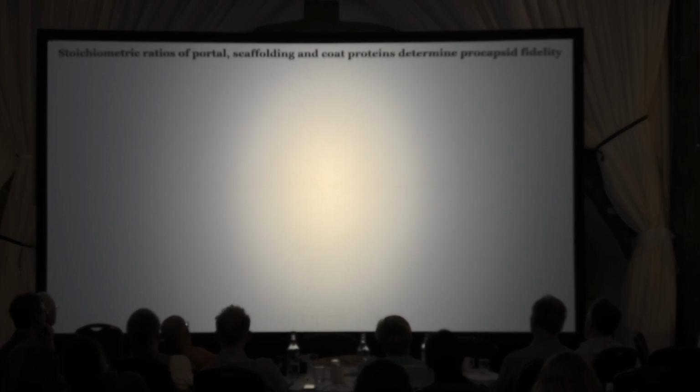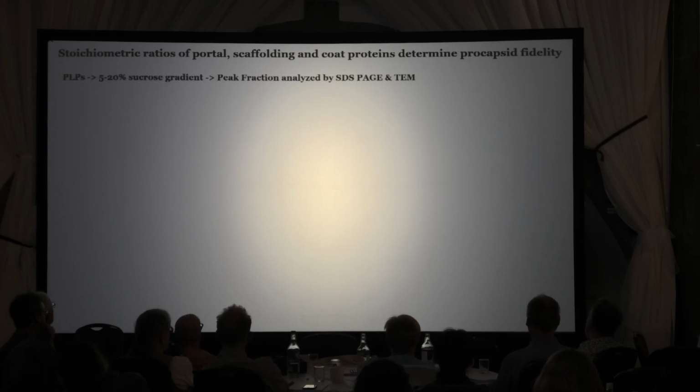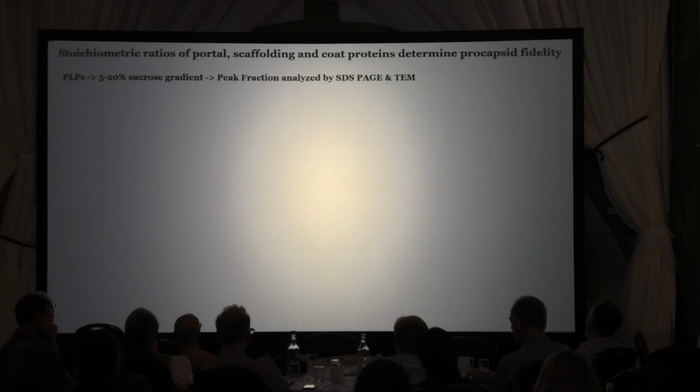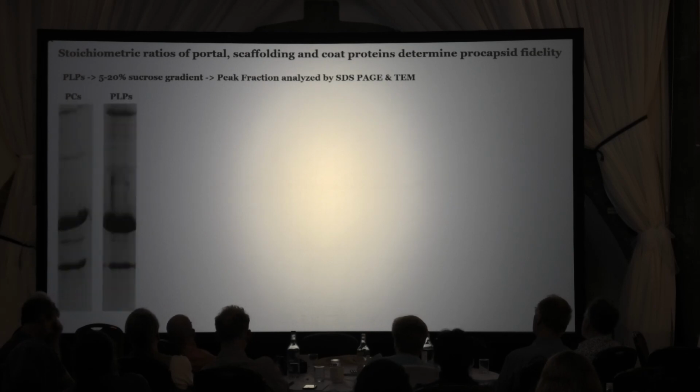The stoichiometric ratios of these components are very important for procapsid fidelity. So what I did here was take the PLPs, which are in vitro expressed, put them over a sucrose gradient, and analyze the peak fractions by SDS-PAGE and TEM. What immediately popped out is that it's not just the expression patterns that overexpress portal.